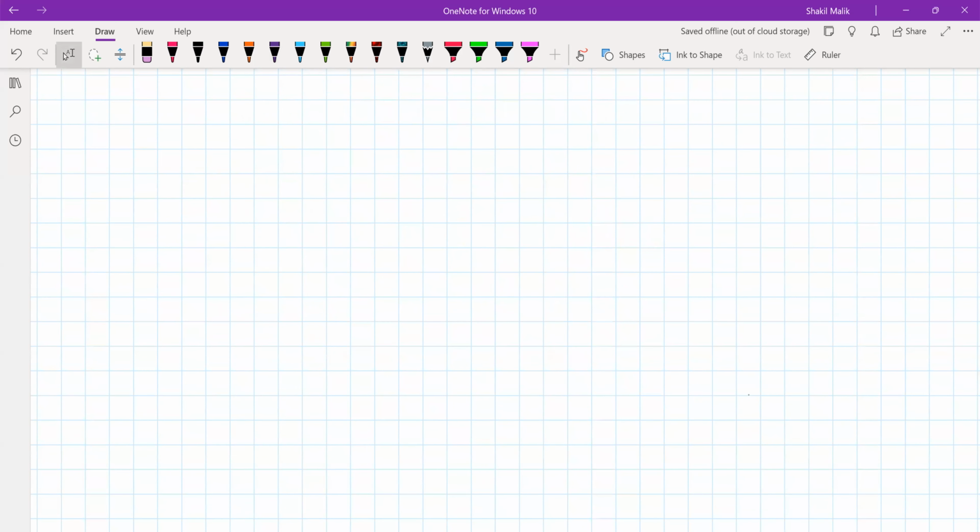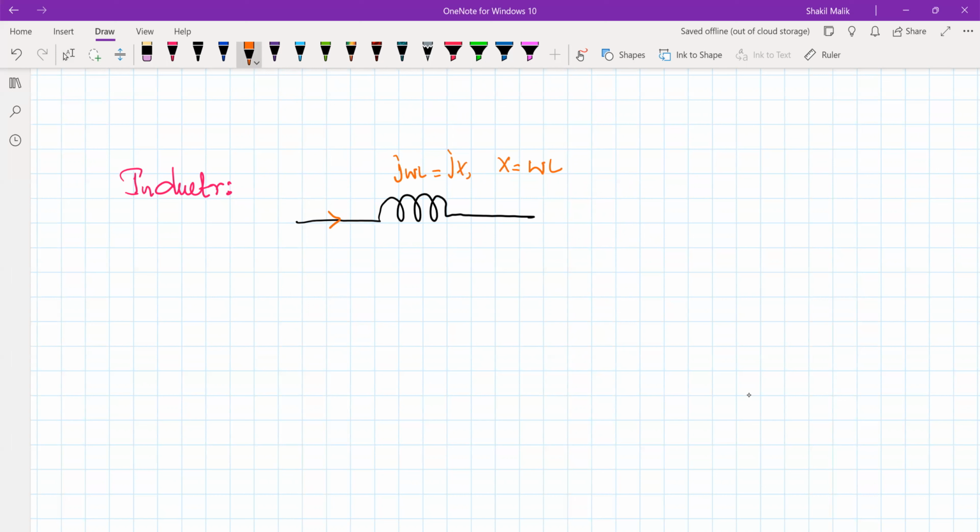Okay, now the next element is the inductor. How do we define P and Q for an inductor if we know the voltage and current across it? In the phasor domain, we replace the inductor by j omega L, or simply jX, where X is omega L. This is the impedance offered by the inductor to the flow of current.